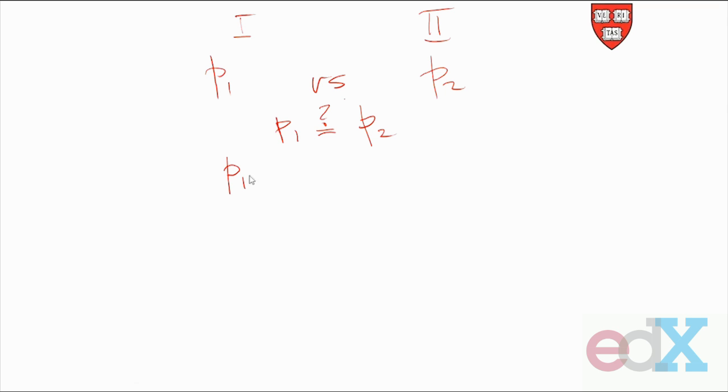So look at P1 minus P2 and ask, is that equal to 0? And that is exactly what we did with the two mean situation in the continuous case. And I'm not going to look at this. I'm going to leave that up to you to determine. The data programs are all there and everything.